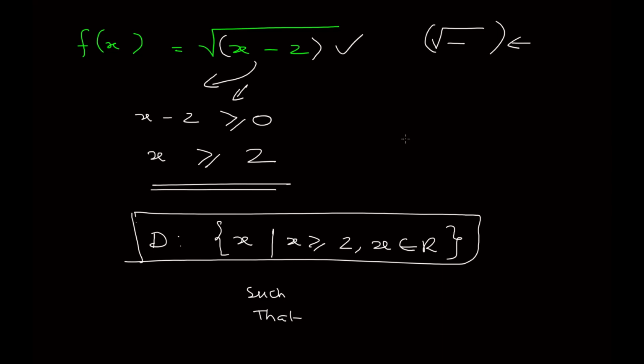Now we can even prove this. If, for example, I get a value on the other side, less than 2, say 0, then f(0) will be the square root of 0 minus 2, which gives us root of minus 2.